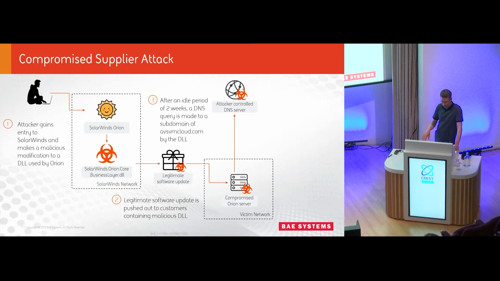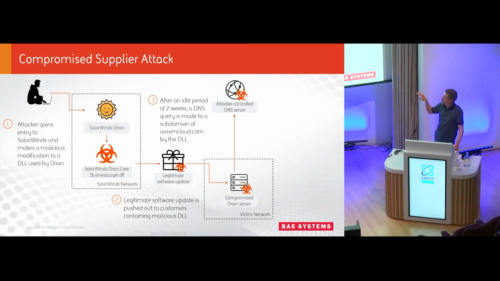This is one of the sort of really clever elements of the attack. So it didn't do anything for a period of up to 2 weeks. It just sat there. Everything behaved normally. After a period of about 2 weeks, a DNS query is made out to a subdomain of this avsvmcloud.com domain.